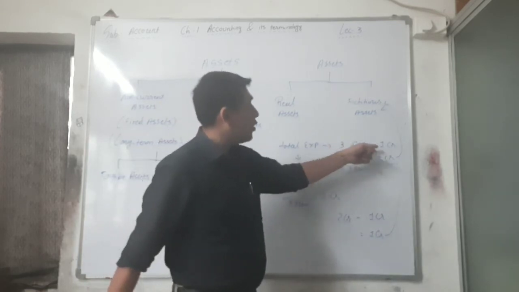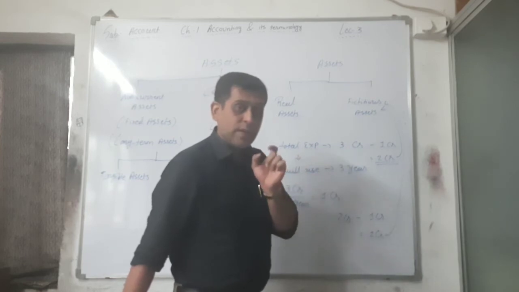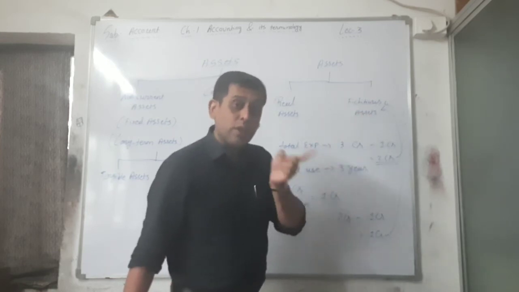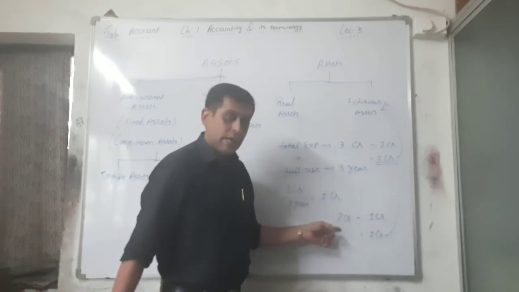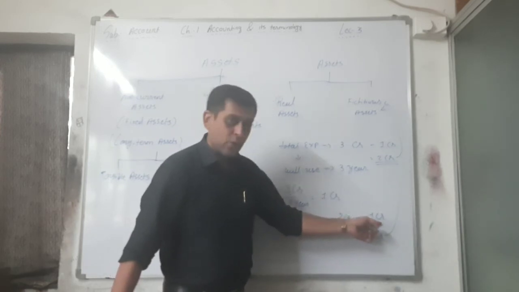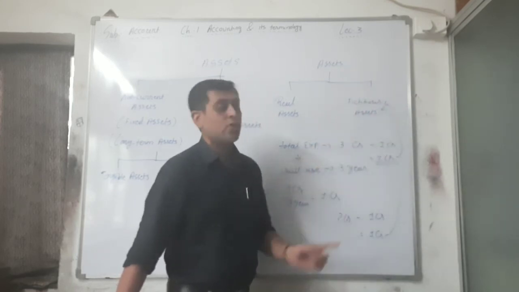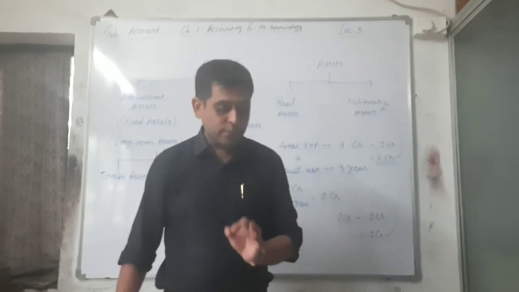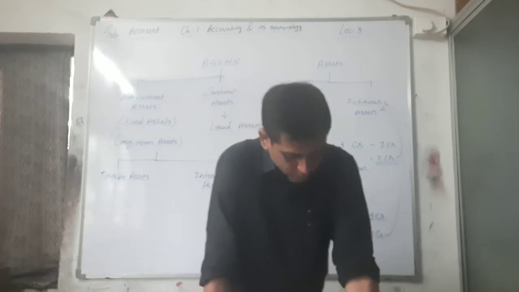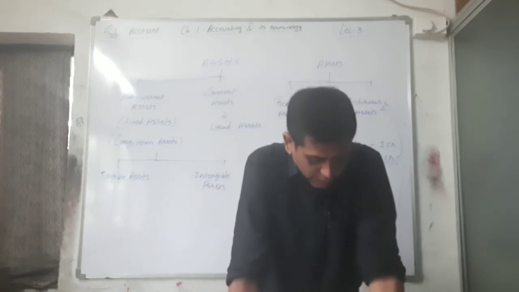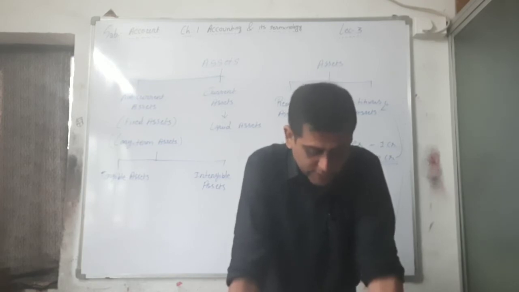So from 3 crore, the 1 crore current year expense will be deducted, and 2 crore is your fictitious asset. In the next year 2 crore is there, 1 crore is that particular year's expense. That's why again 1 crore is your fictitious asset. Okay. So every year a predetermined amount is written off and shown as an expense.